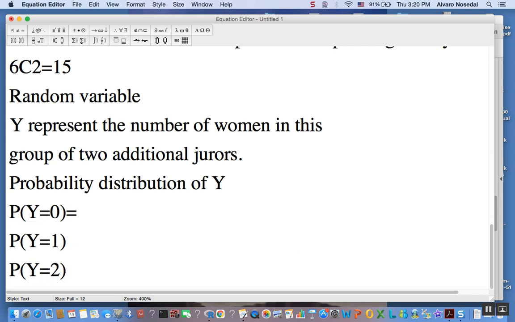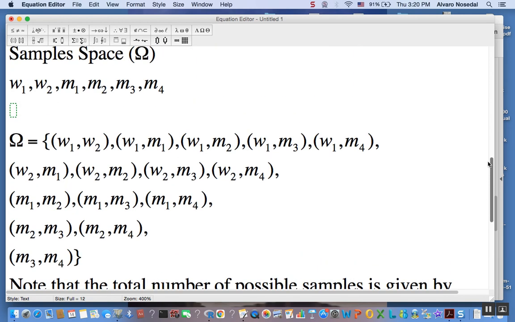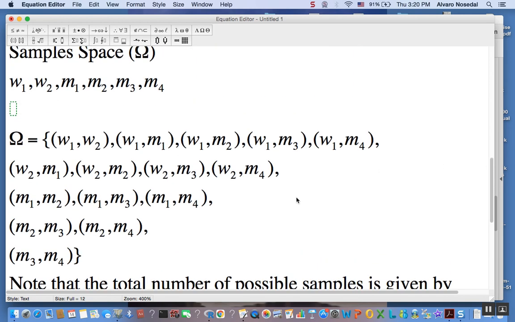So given that we have taken the time to construct the sample space, if we want to find the probability for y equals 0, we just have to count the number of outcomes that give you that value for the random variable y.